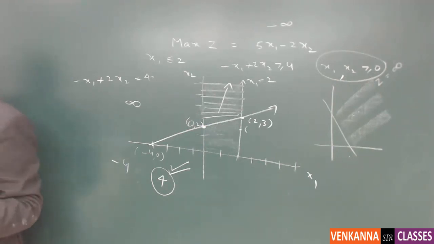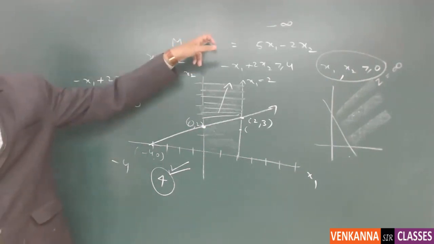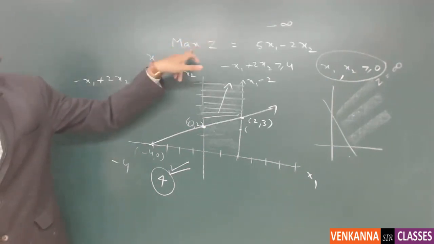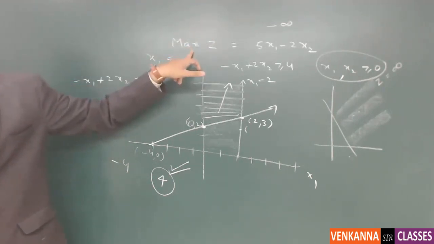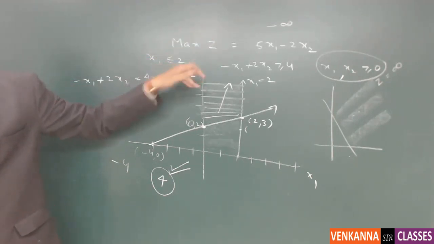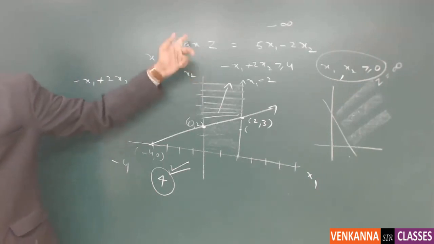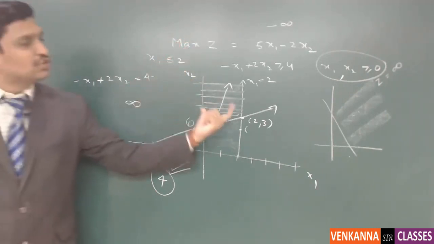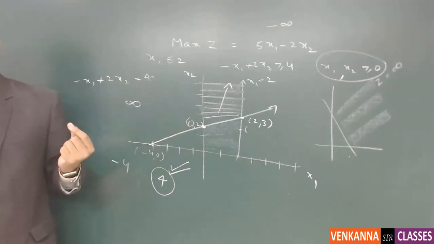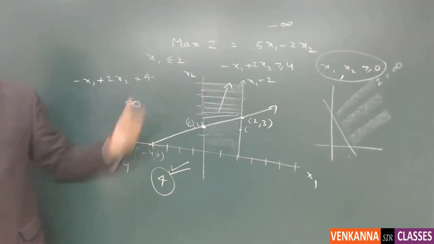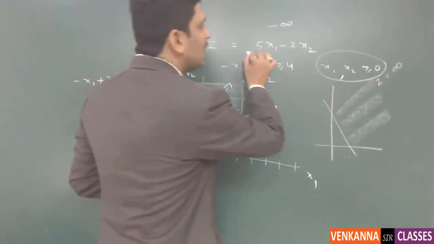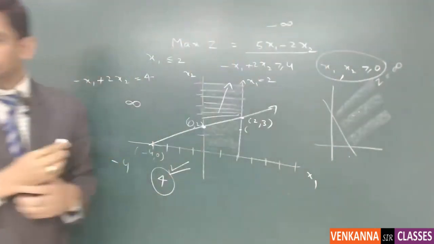You cannot say. We are considering the maximization of z, not the minimization. So for maximization, you can have the possibility of getting a maximum z even though the solution space is unbounded. And we are taking the criteria by observing the objective function.